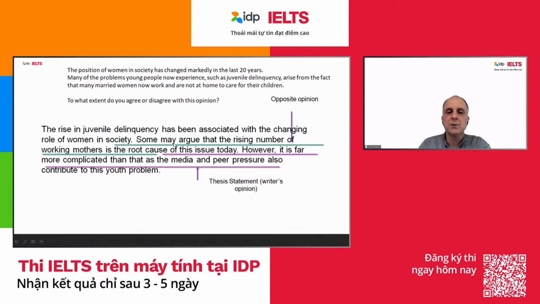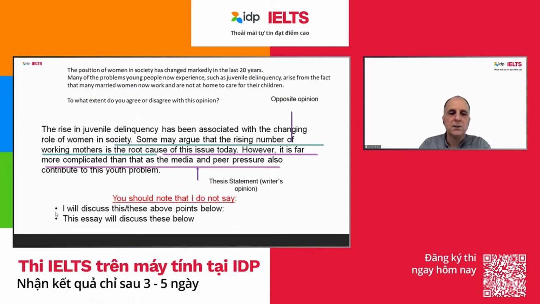So think about how to organize. You can see there are 3 sentences maximum here. You could even, under time pressure, just simply have the opposing view and also your point.